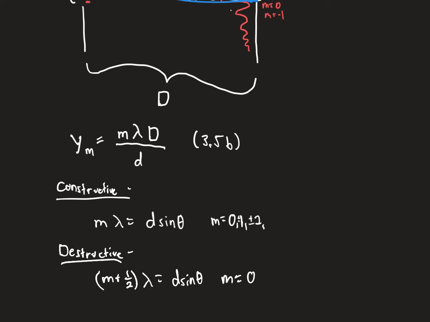The order is, again, 0, plus or minus 1, plus or minus 2, and so on and so forth. These are the primary equations that we need to know, that we need to use. In fact, I'm going to have you use this equation for an in-class assignment, so make sure you know this one. In fact, it's so important, I'm going to write it down up here.